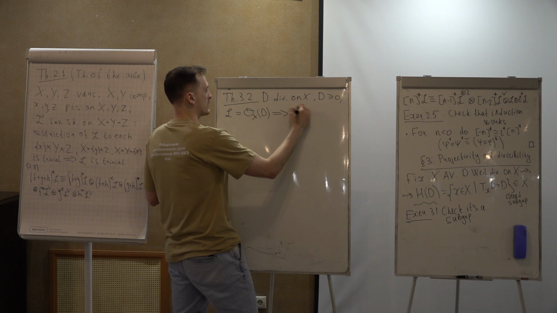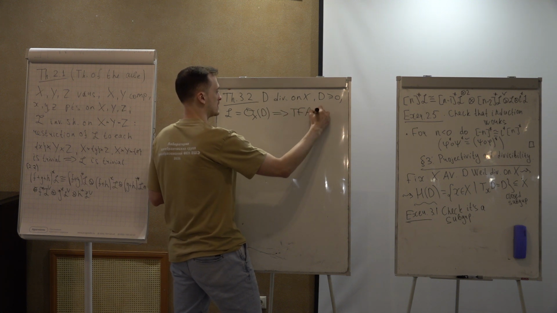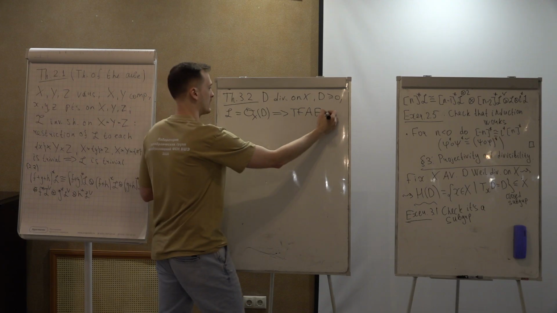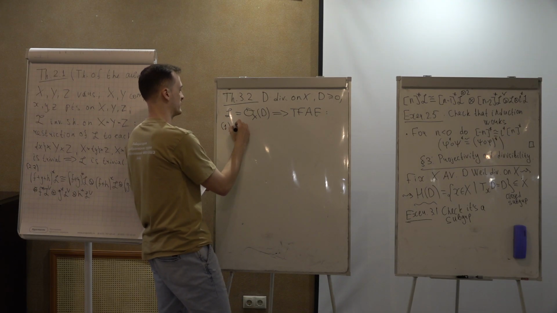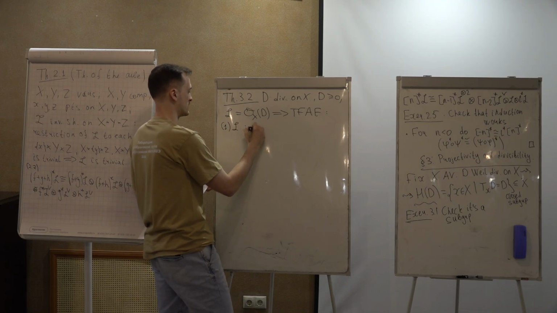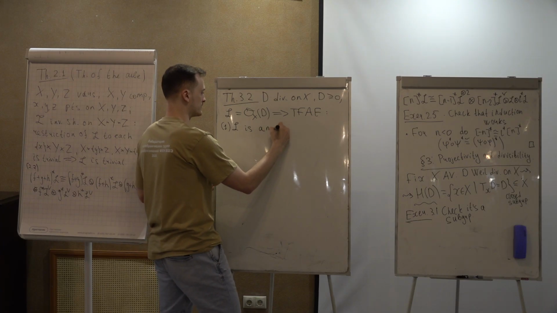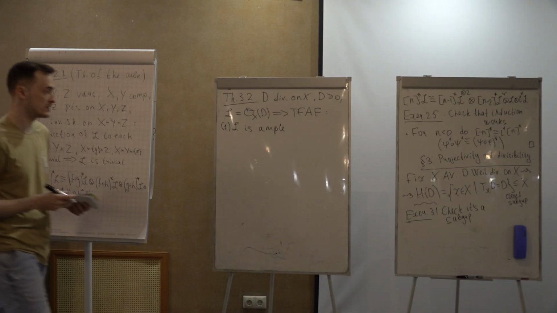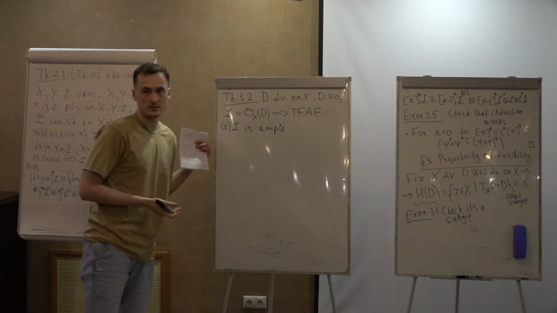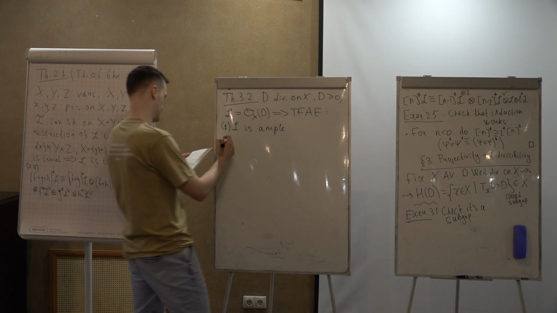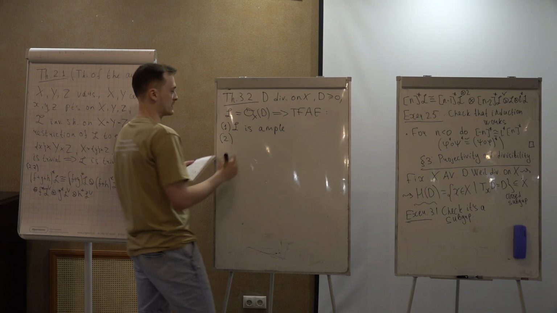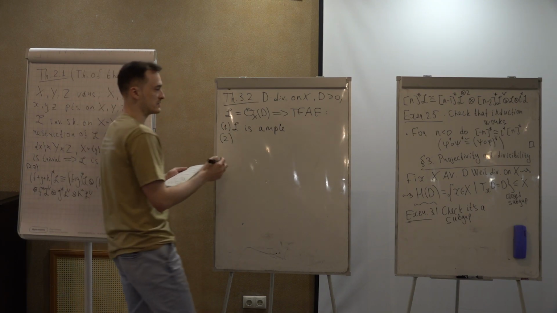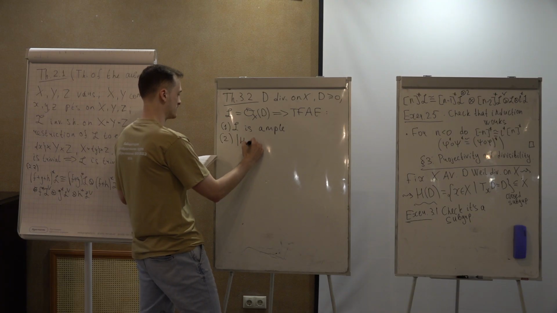Then the following are equivalent. The first one: L is ample, so that some tensor power defines a closed embedding into projective space. The second one is this: H of D is finite.